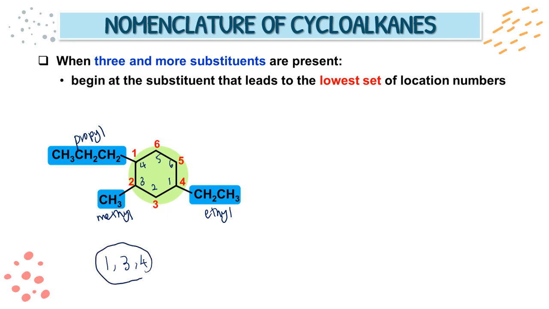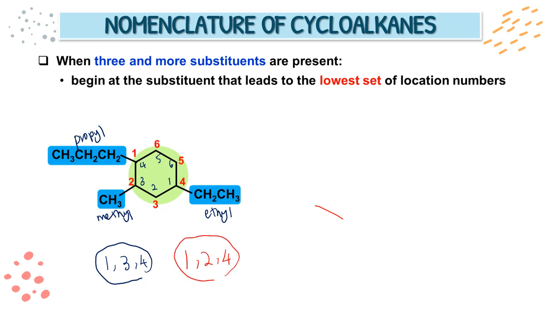But like I mentioned before, this is not the case. When we have three or more substituents, we need to find the numbering that gives the lowest possible combination. The lowest possible combination is the red one, where we have 1, 2, and 4.